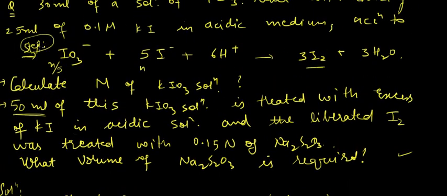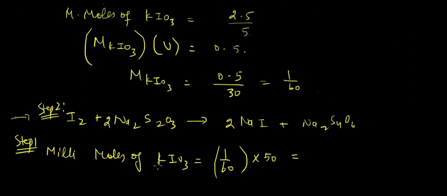Okay, so step 1. Here we can see that millimoles of KIO3 used would be 5 upon 6.